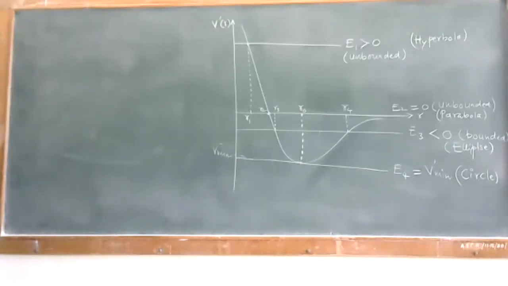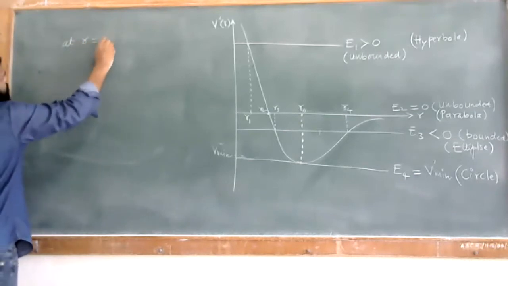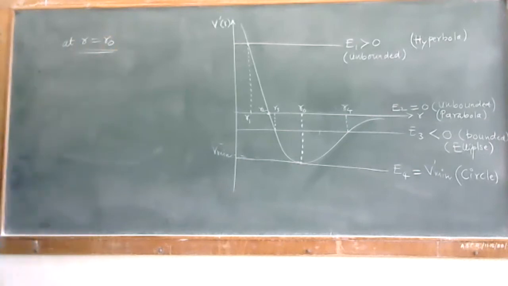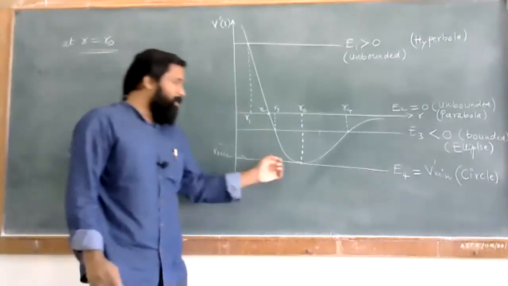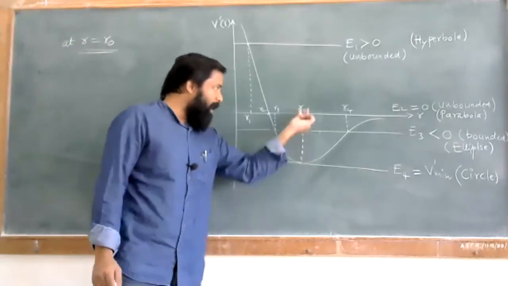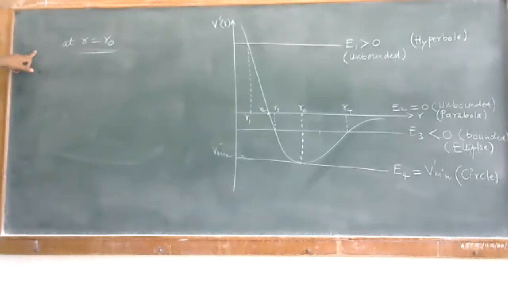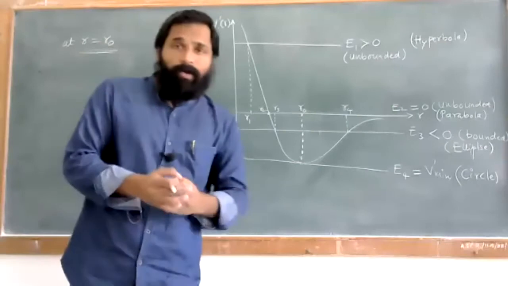Now for this you can have a condition that E4 is equal to V dash minimum, and this will have a minimum potential energy at R is equal to R naught. At which point does the potential energy come out to be minimum? It is at R is equal to R naught. So what should be your slope at that point?